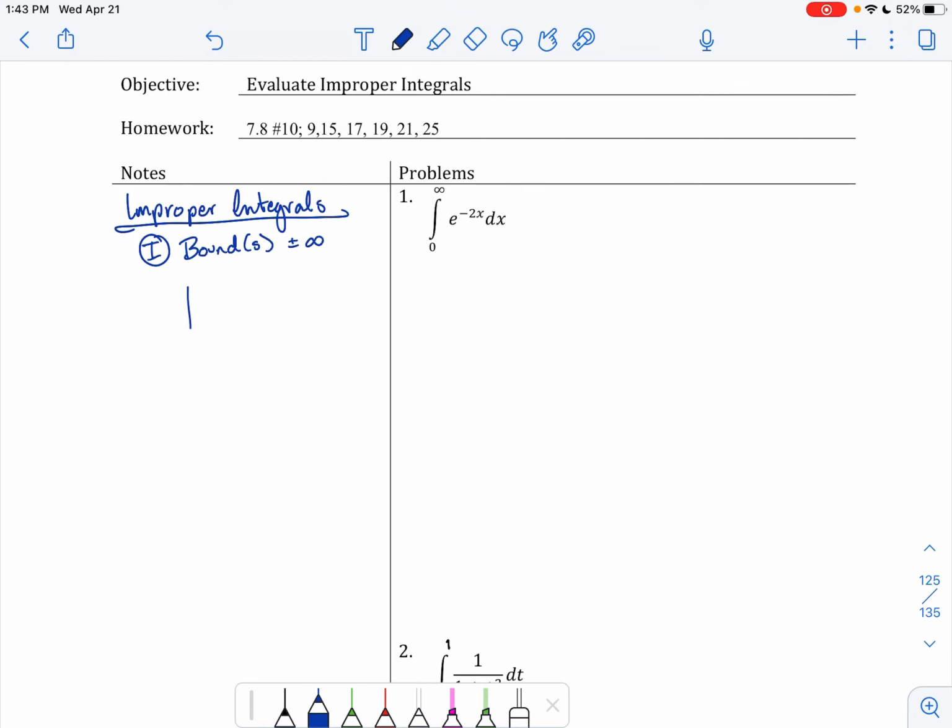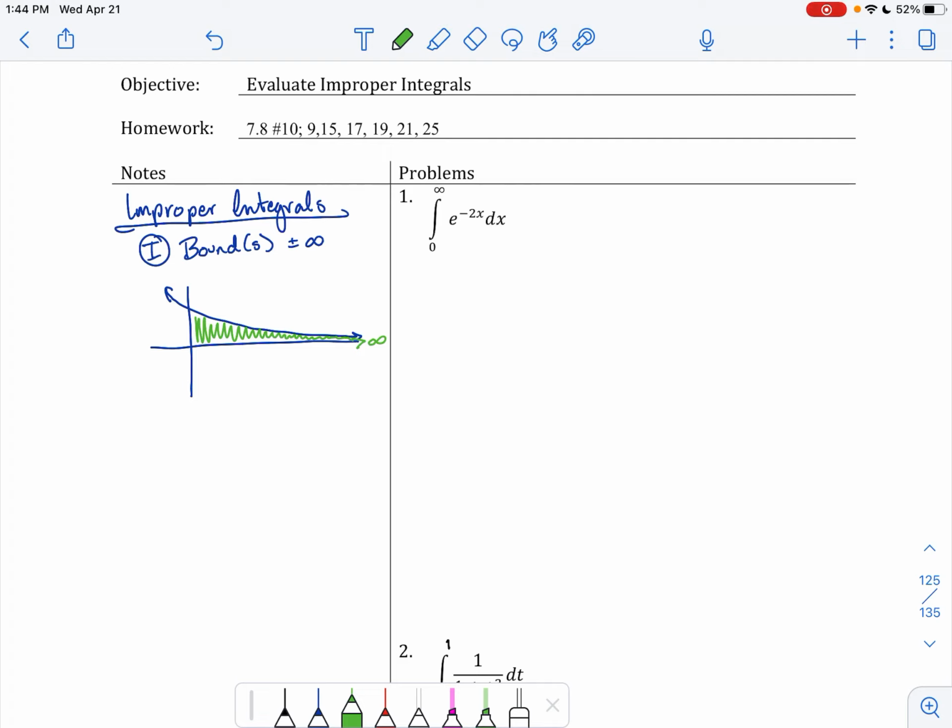However, there are some problems, such as the first one, e to the negative 2x, a negative exponential function. So it's going down like this, and when we're adding area as x approaches infinity, the area under the curve is getting smaller and smaller.